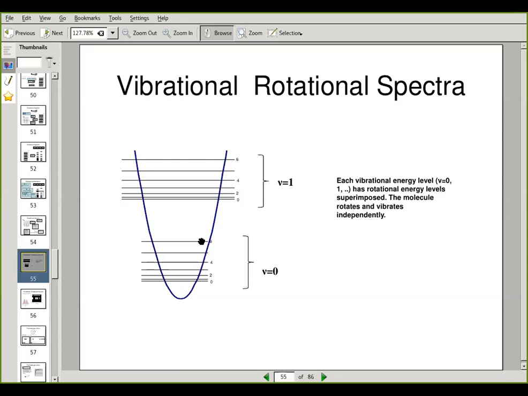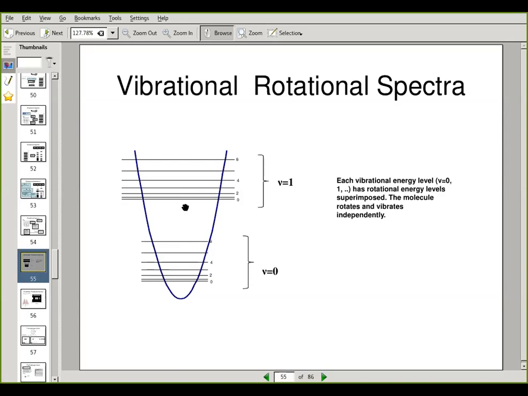If the molecule's at this energy level, it's got the lowest possible vibrational energy, the zero point level, but its rotational energy level is number 6. And similarly, when you go to the next vibrational energy level, you've got your possible rotations over there. So you've got lots and lots of possibilities between your lowest vibrational level and your next vibrational level, because it can have different energies of rotation as well. So that's quite an interesting situation.